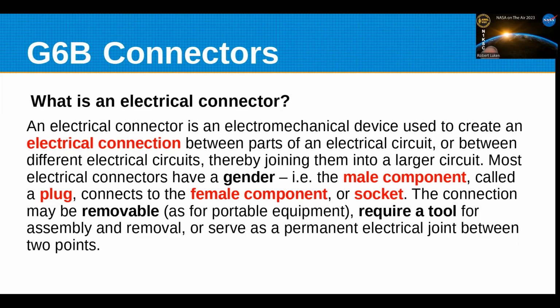You could have a crimped, like a butt connector connecting two wires together, and it doesn't disconnect. It's a permanent connection. In most cases, it requires some sort of tool, either a crimping tool or a soldering iron if you're actually soldering the connections together.